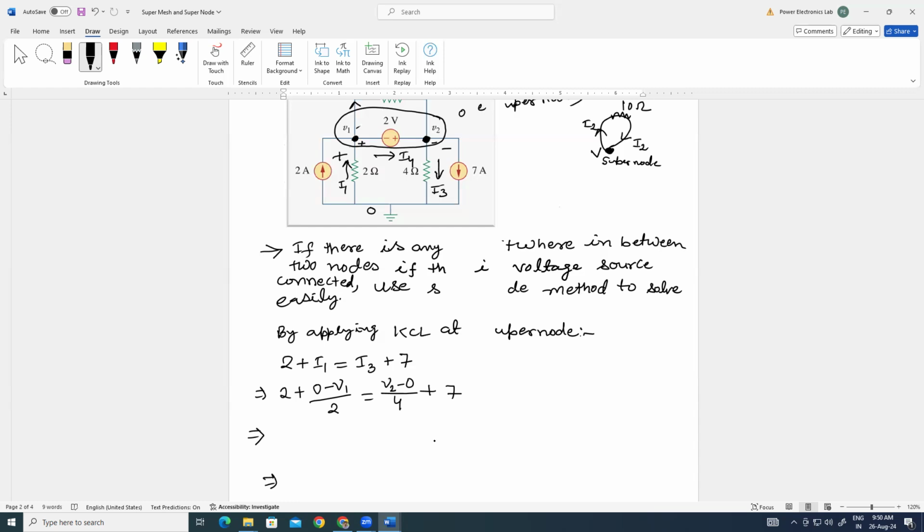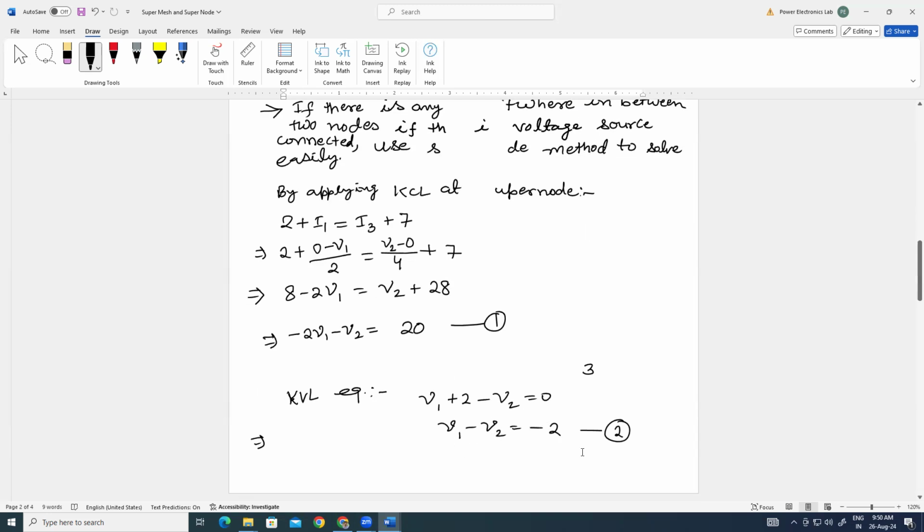So this will be 8 minus 2V1 is equal to V2 plus 28. So minus 2V1 minus V2 is equal to 20. This is equation number 1. The next equation we have just written here: V1 minus V2 is equal to minus 2.